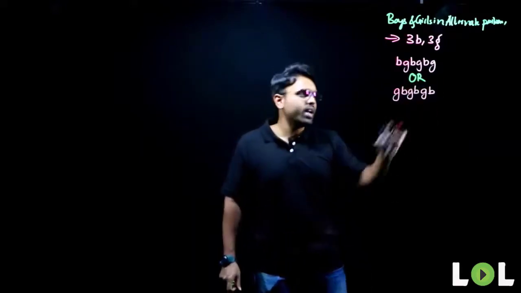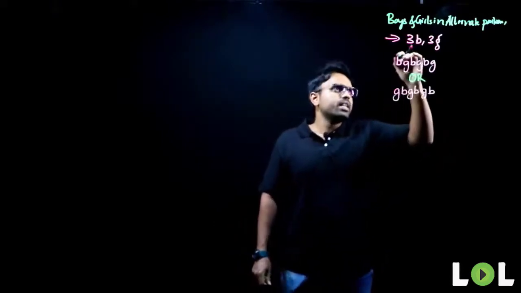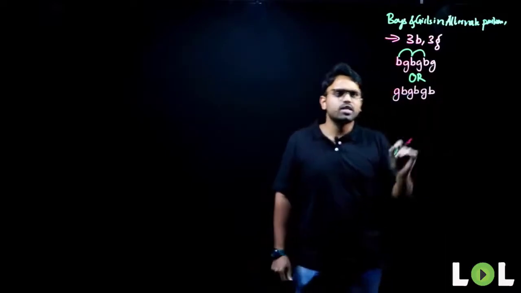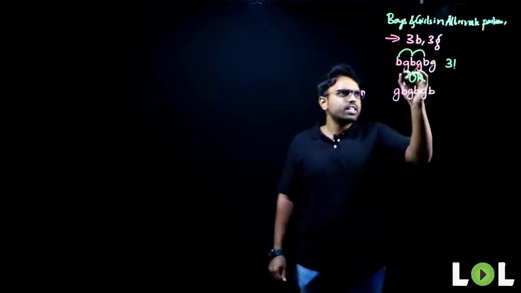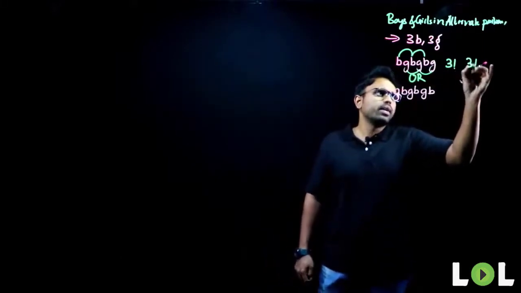Now, these 3 boys can be rearranged among themselves in how many different ways? 3 factorial ways. And these 3 girls can be rearranged among themselves in how many different ways? 3 factorial ways.